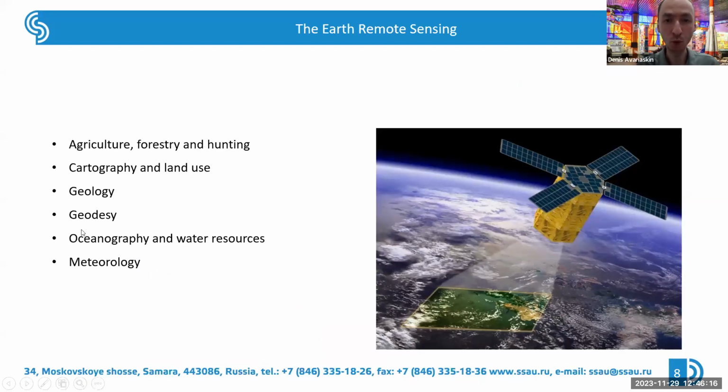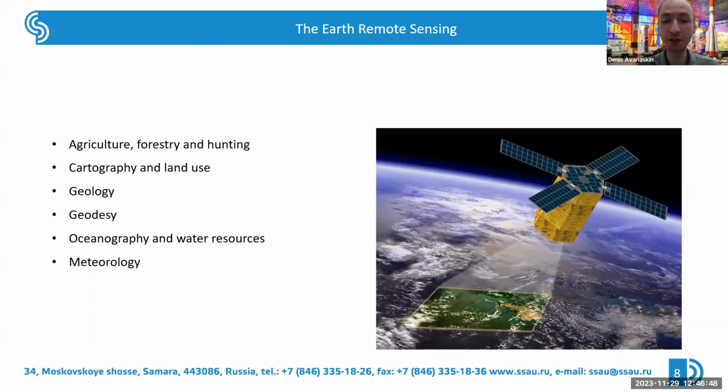Also, we can use nanosatellites for Earth remote sensing. Earth remote sensing, basically, is watching the Earth surface from orbit. We can use it for different purposes: agriculture, forestry, hunting, or we can make maps, so it's cartography.